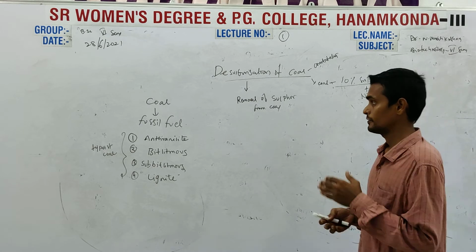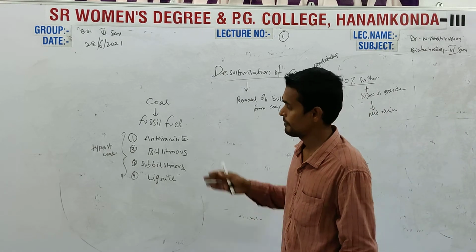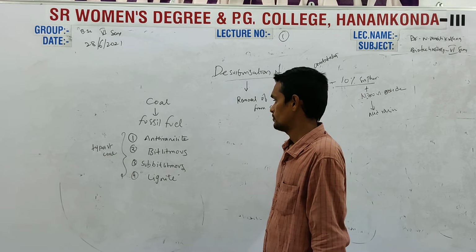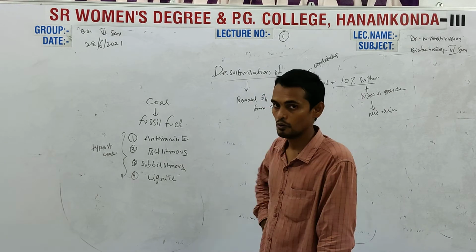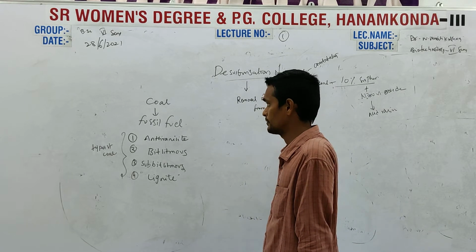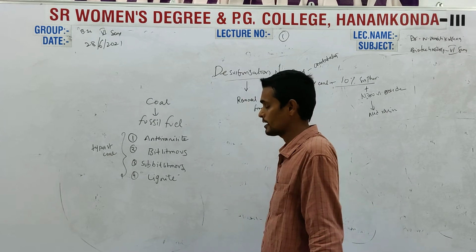Different coals have different energy levels. The first category of coal is anthracite coal.